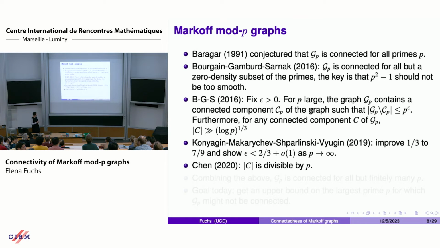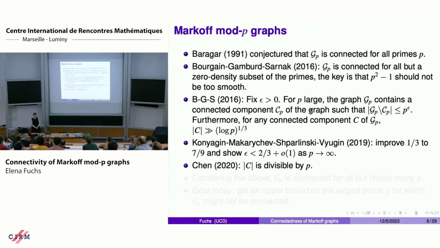Why is the epsilon less than 2/3 an improvement? It's not an improvement. It's a specification. To me, it's just saying that for Bourgain, Gamburd, and Sarnak, for any epsilon, you can take p large enough. This is saying for epsilon less than 2/3, I guess it's the same thing in some sense.